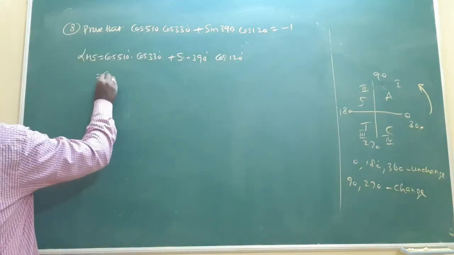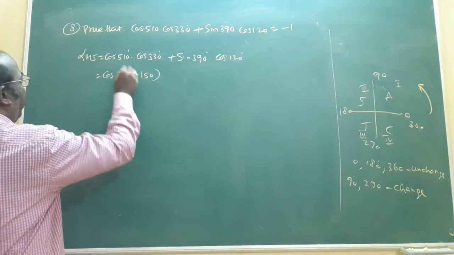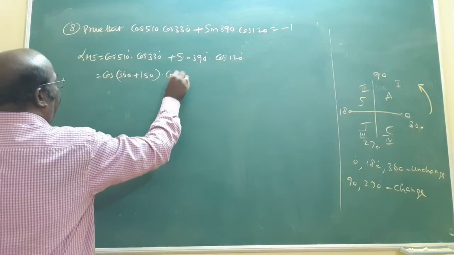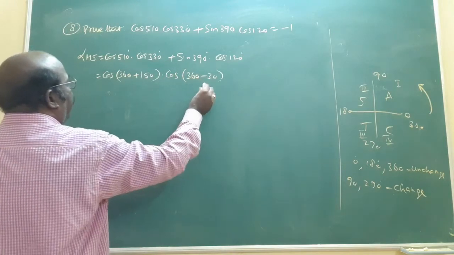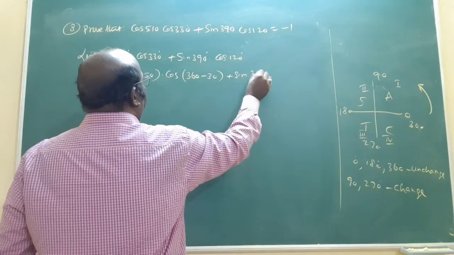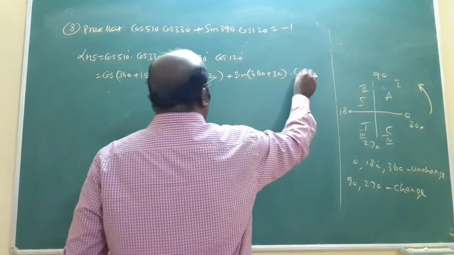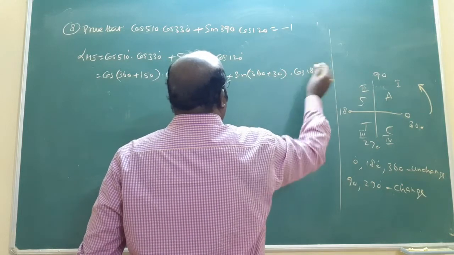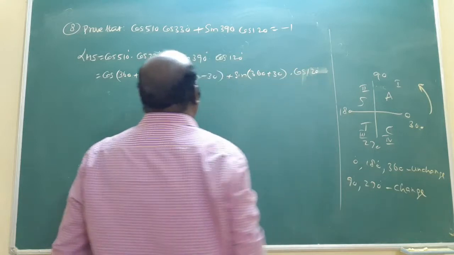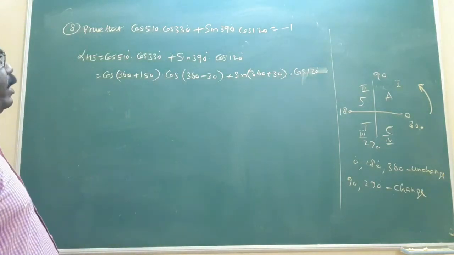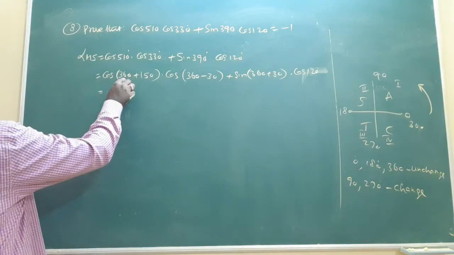That's why cos of 360 plus 150, into cos 330 can be written as 360 minus 30, plus sin of 360 plus 30. Am I right? More than 360 can be written as a multiple of 360 plus something. Now what I told you, 360 becomes 0.